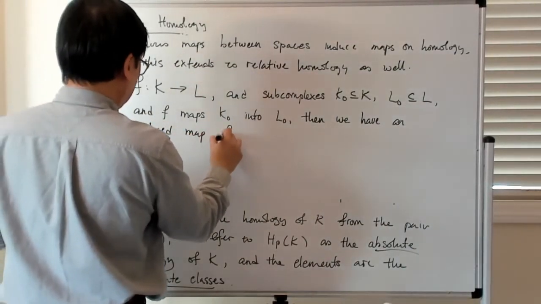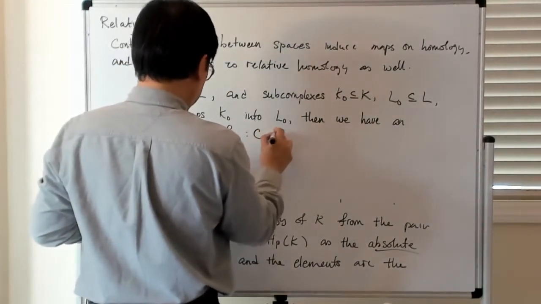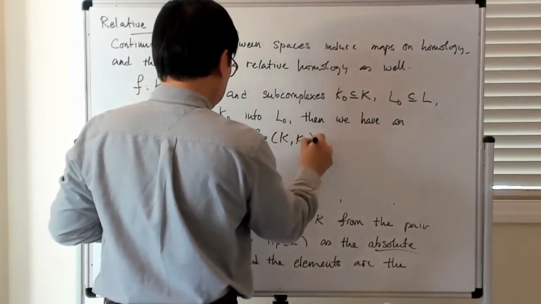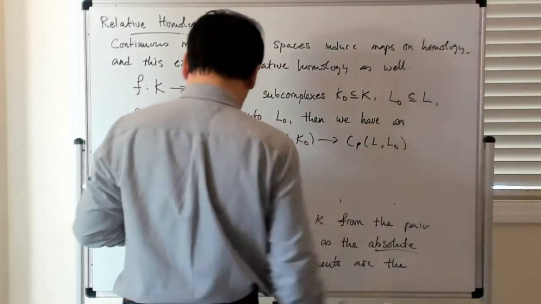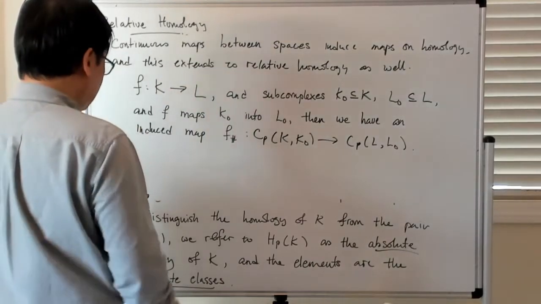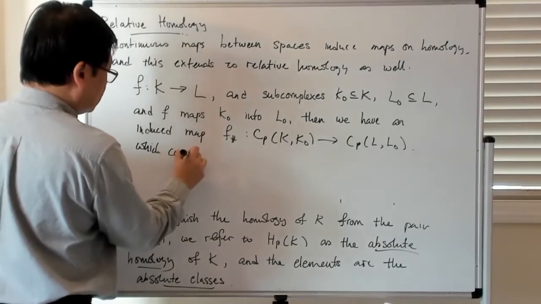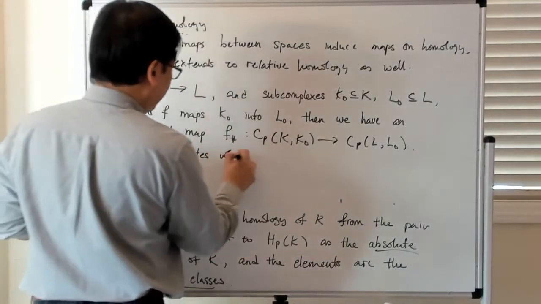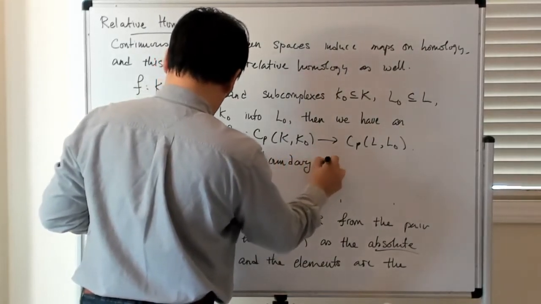Let's call it F sharp, between the chain group of (K, K0) and the chain group of (L, L0), which commutes with the boundary map.